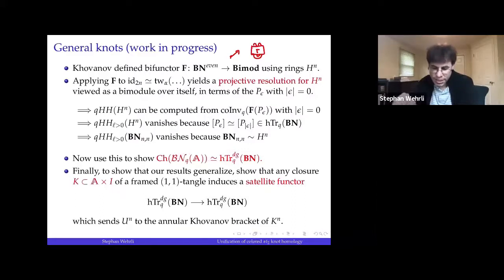And now the point is that once you have this equivalence, the last thing you want to do is show that if you have some framed knot in your annulus, it induces some cable or satellite functor from this DG category to itself, which basically sends the unknot to the Khovanov bracket of K_n. And now you just apply this functor to the results that we proved for the unknot, and then you get the results for general knots.